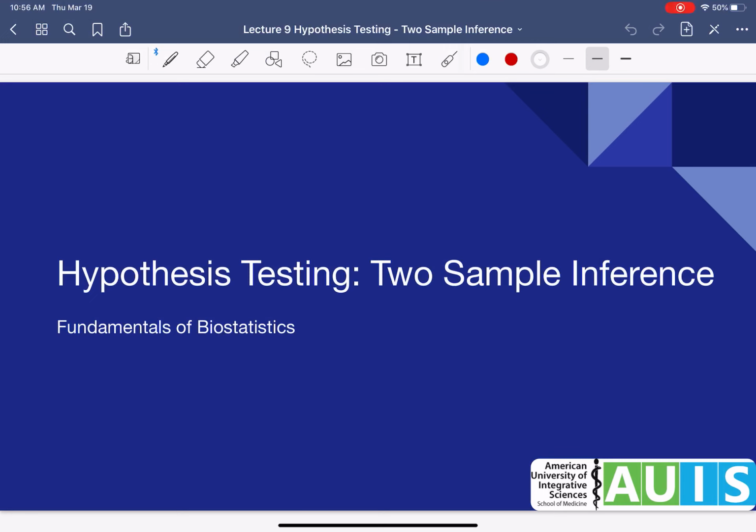Good morning. So in today's lecture we'll talk about hypothesis testing, but in this hypothesis testing we'll talk about two sample inference.